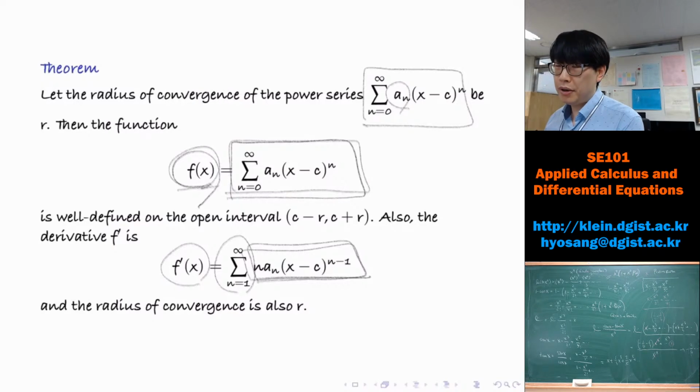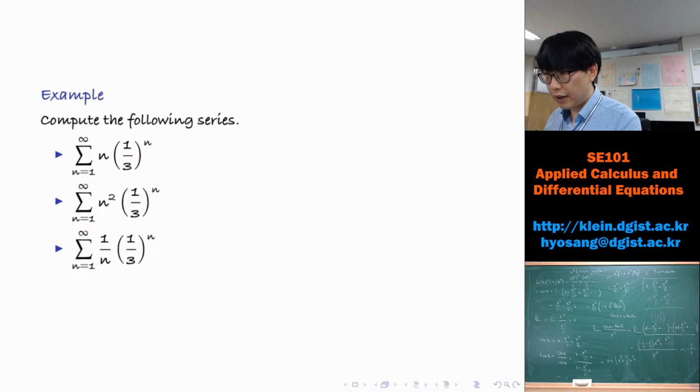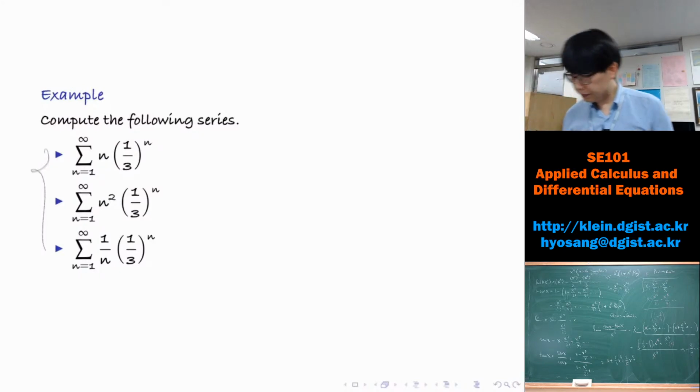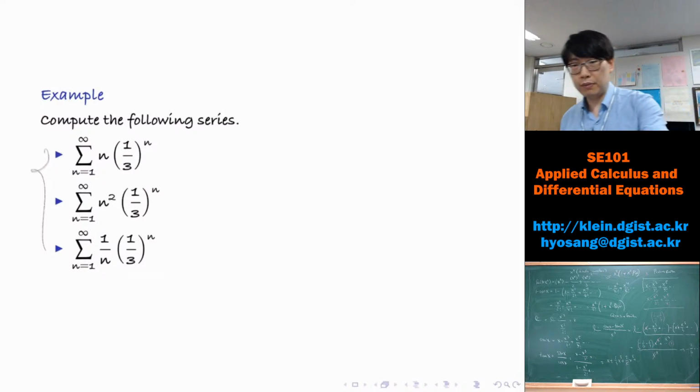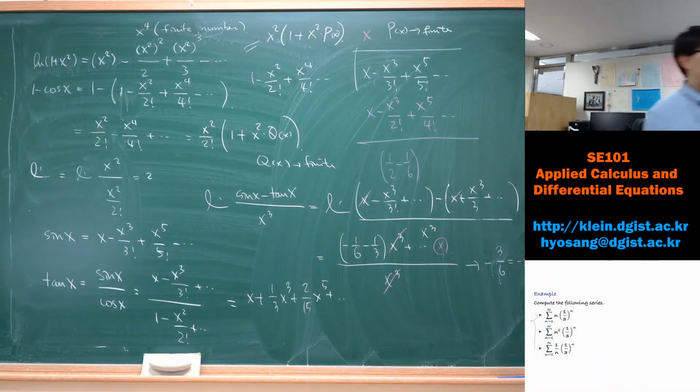Proving this theorem requires uniform convergence and some more analytic statements, so just take that as a given fact, and let's try to find the evaluation of special types of series here. So I want to find the actual convergent value of the series in the first example.